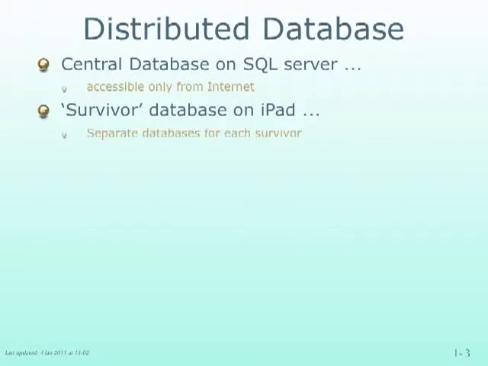There will be a separate survivor database for each individual stroke survivor. Each survivor database will only contain data relevant to the survivor to whom the iPad is issued. And each survivor database will only ever transfer data to or from the central database.